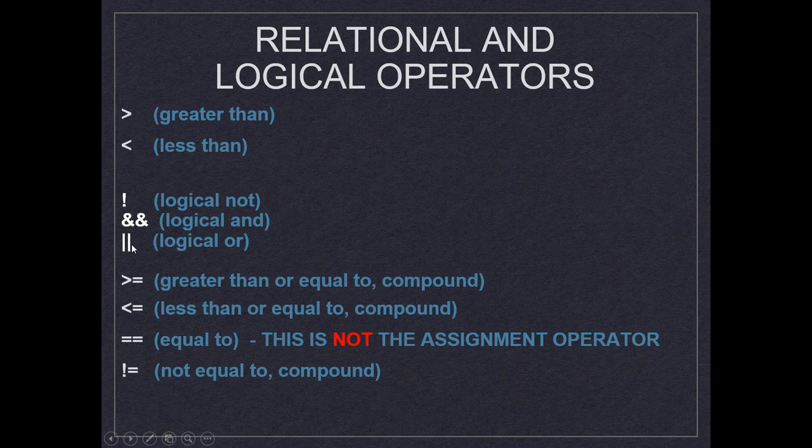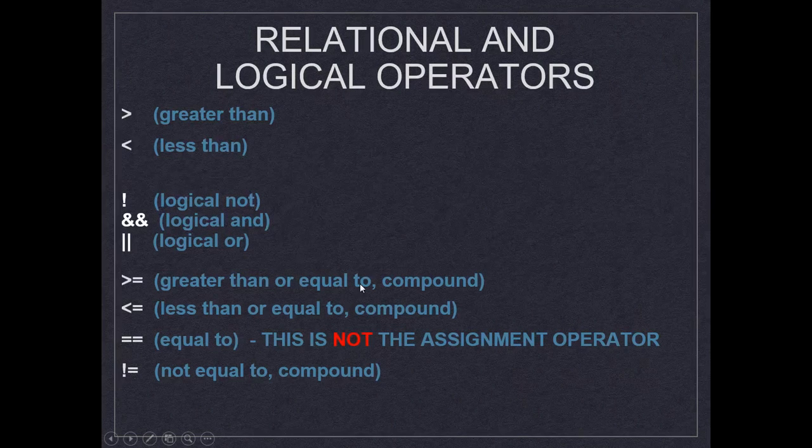These vertical lines are located on your keyboard right above the Enter key and right below the backspace key. You access them with the Shift key: hold Shift down, and press the backslash key, and that will make those vertical lines. And 2 of those means the logical or. So this is and, or, not, less than, greater than.